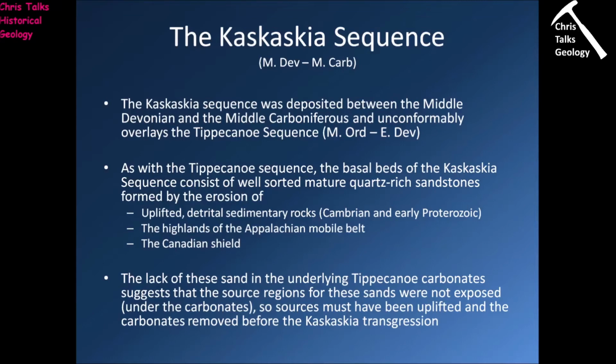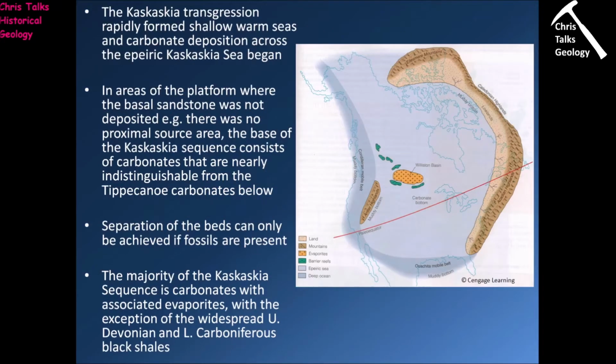And so this means that you didn't get the sandstone forming because you didn't have rocks exposed which you could weather to make the sandstone. So this means that in some areas, the carbonates of the Kaskaskia transgression, so the Kaskaskia epiric sea, sit directly on top of the carbonates from the Tippecanoe sequence.